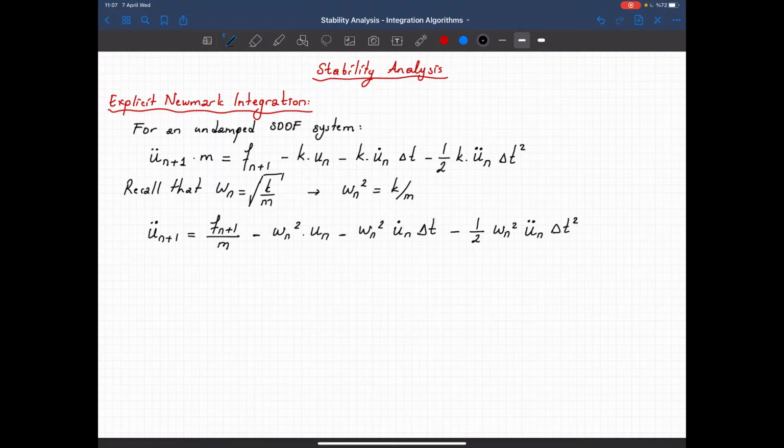Here I'll let omega n multiplied by delta t be equal to omega.